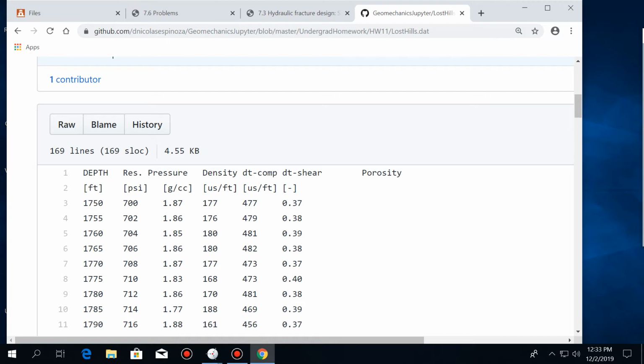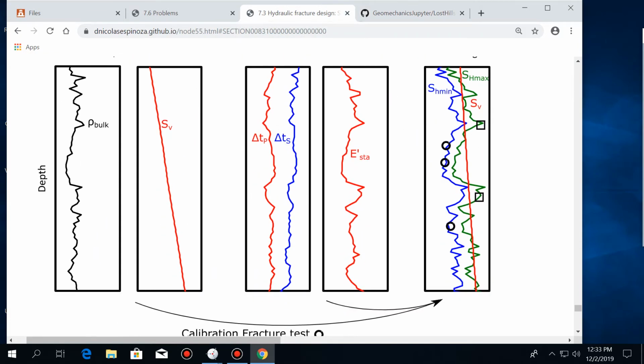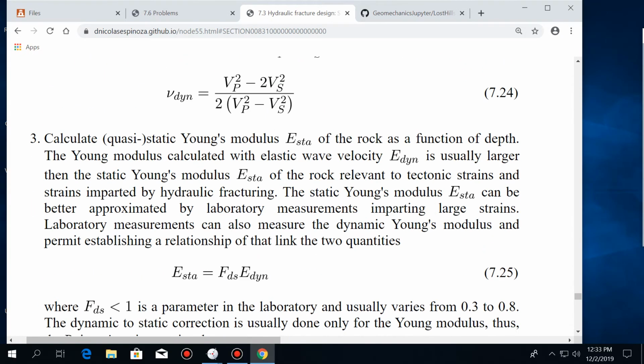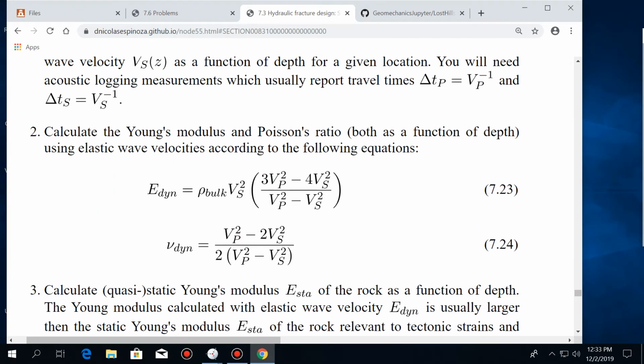So you can assume everything above that has the same density as this point. So you have density, you can calculate vertical stress. You have travel times, you can calculate the plane strain stiffness of the rock, which you're going to get from these equations.